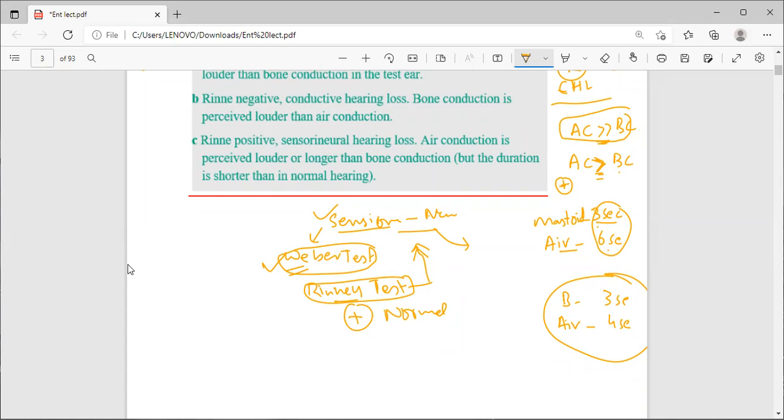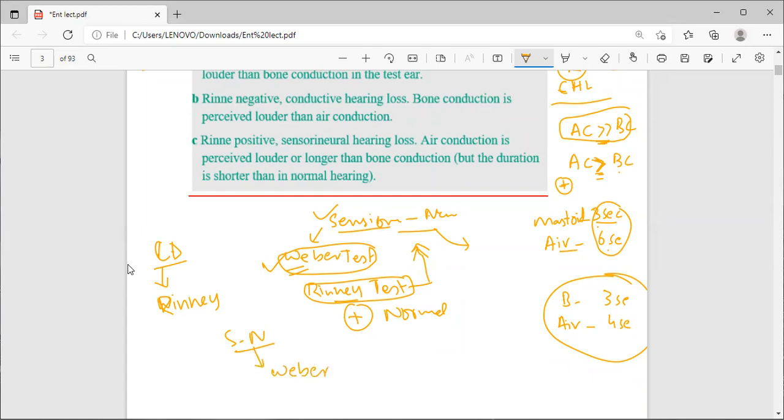So if anybody tells you that they have conductive hearing loss, conductive deafness, the test you are going to perform first is the Rinne test. But if the patient tells you they have sensory neural deafness, or you want to differentiate sensory neural, then you will perform the Weber test.